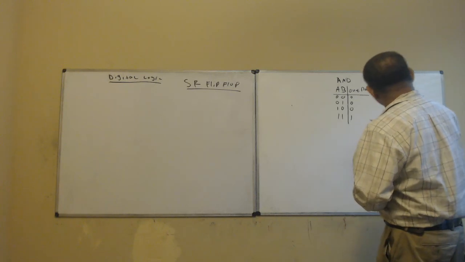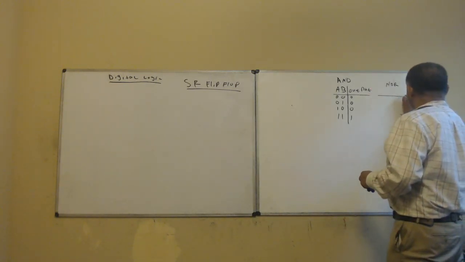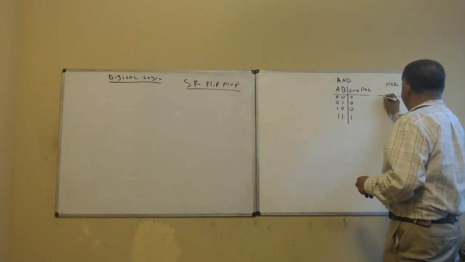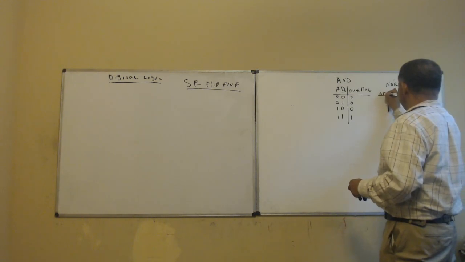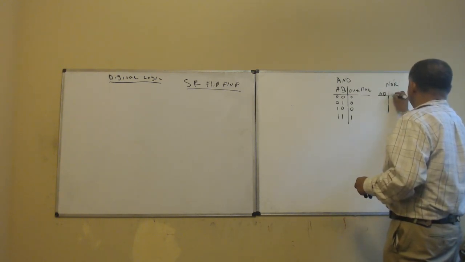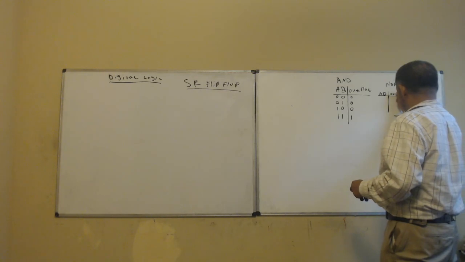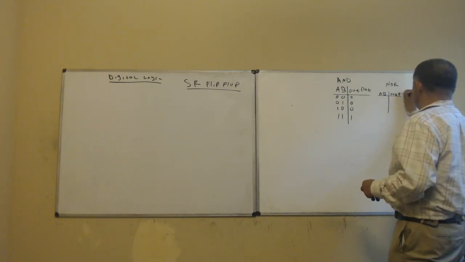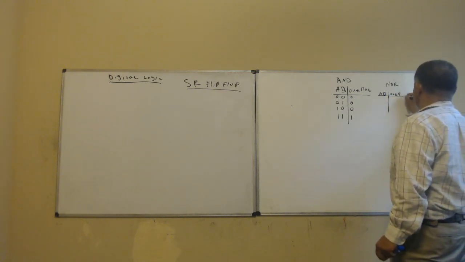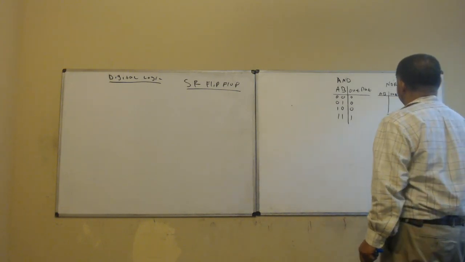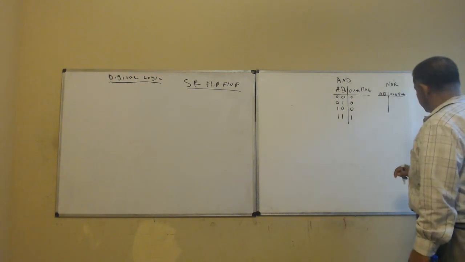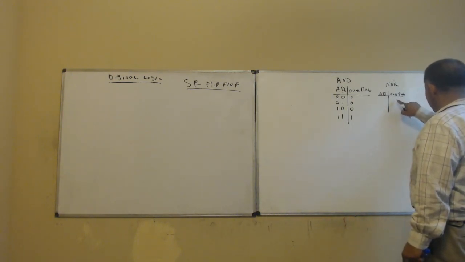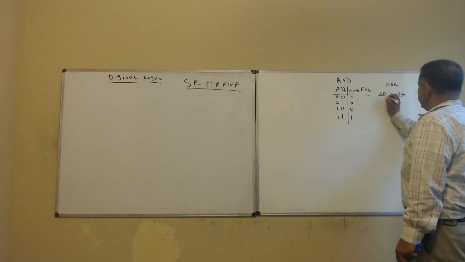So in this case, we have A, B, and we have the output. So we have A, B, 0, 0.